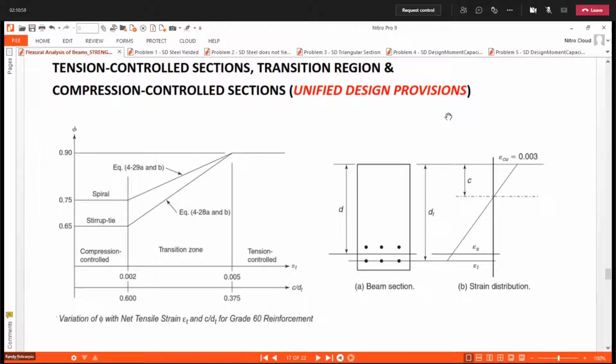Bakit? Kasi dito ngayon, ina-identify na natin yung mga section natin, mapa compression, mapa tension or flexure member, no? Unified na yung kanilang pag-determine ng strength, and that is specifically for the reduction factor.